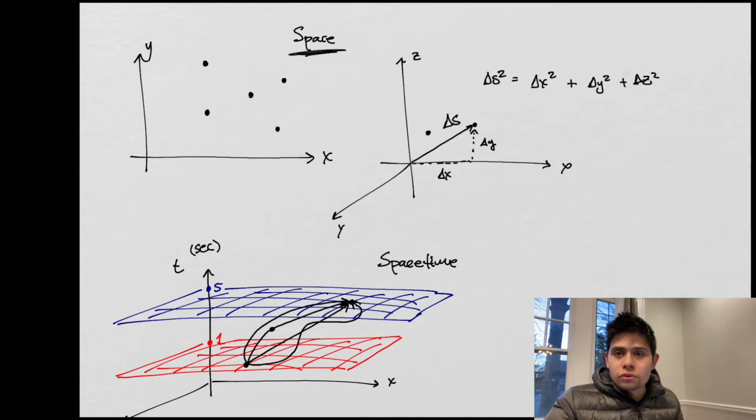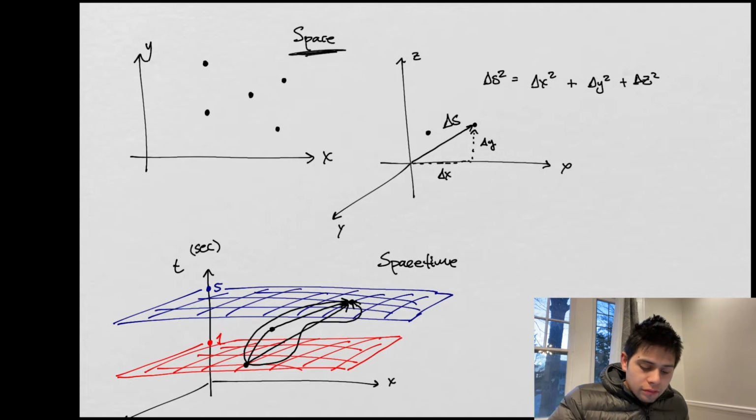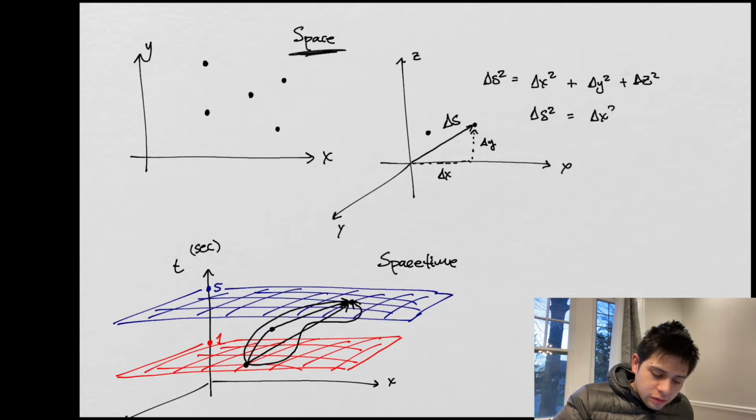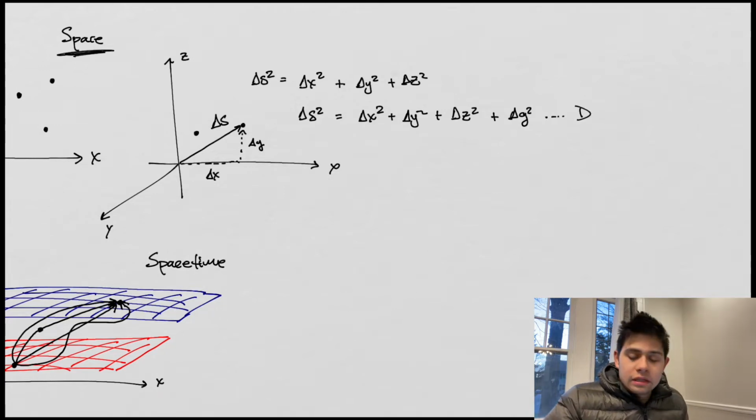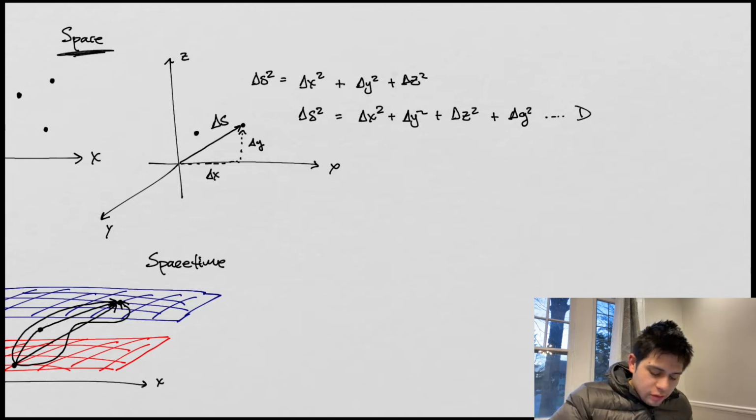And we can do this in multiple dimensions, right? We can say that ds squared is equal to dx squared plus dy squared plus dz squared plus dg squared, and we can go on and on for d dimensions, right? So oftentimes this can also be written as a summation, right?